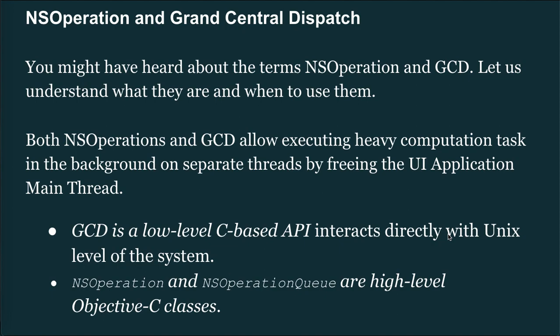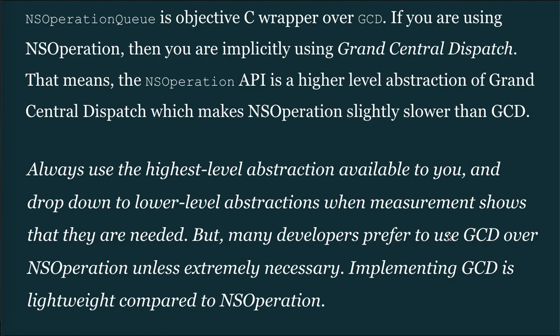GCD is a low-level C-based API that interacts directly with the Unix level of the system. NSOperation and NSOperationQueue are high-level Objective-C classes. NSOperationQueue is an Objective-C wrapper over GCD. If you are using NSOperation, then you are implicitly using Grand Central Dispatch.